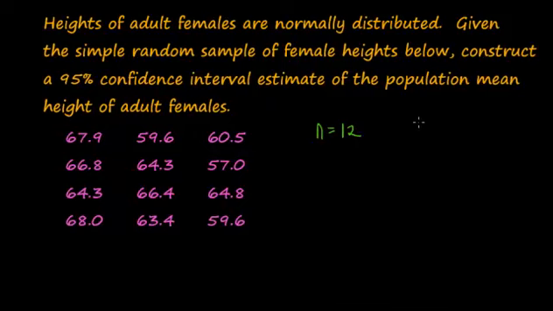And we're going to calculate our x bar and our sample standard deviation. We'll need to get those. Sigma is unknown. It's a 95% confidence level. That means alpha is 0.05. That means alpha over 2 is 0.025.